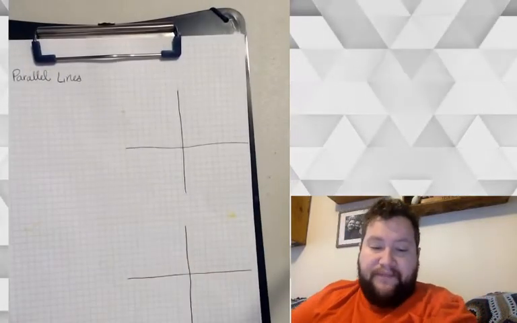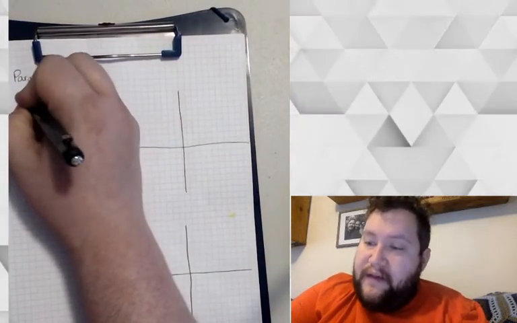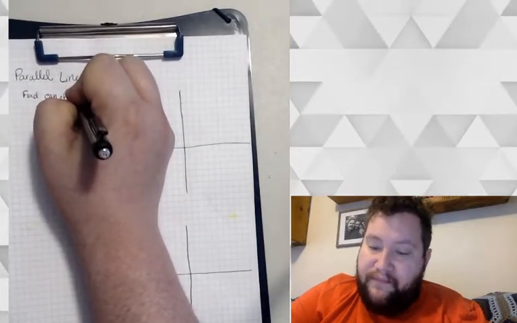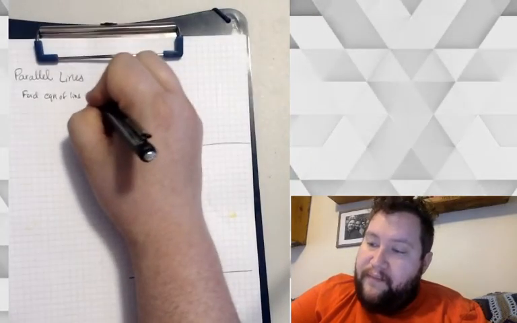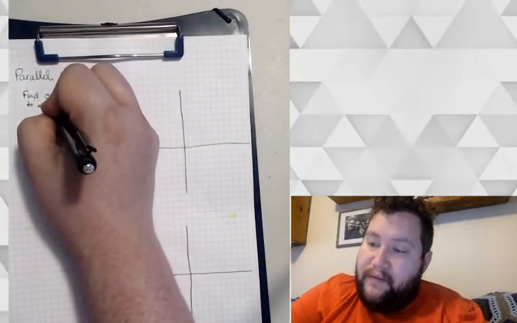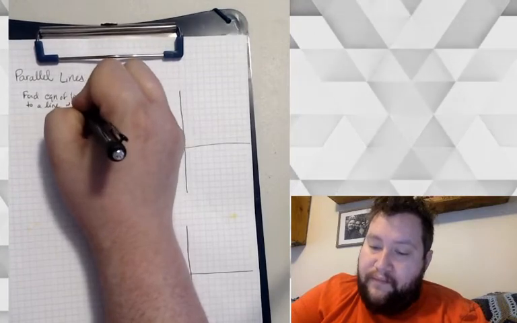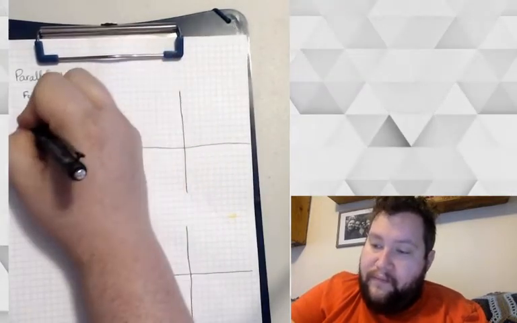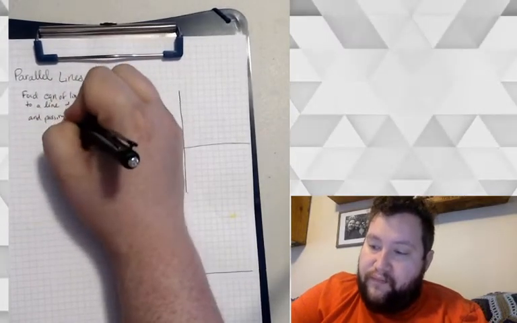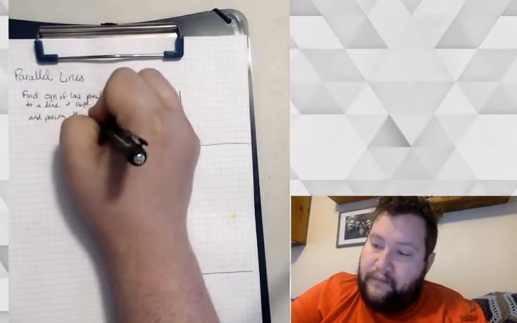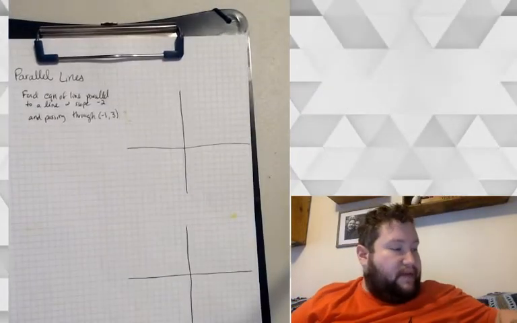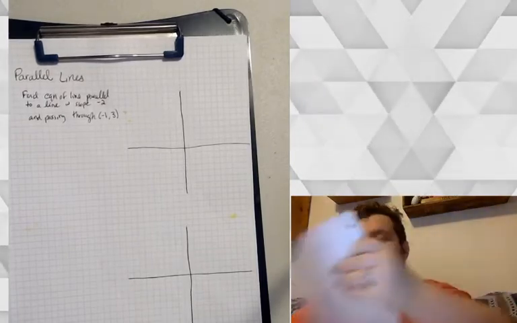It says, find the equation of the line parallel to a line with slope -2 and passing through -1, 3.